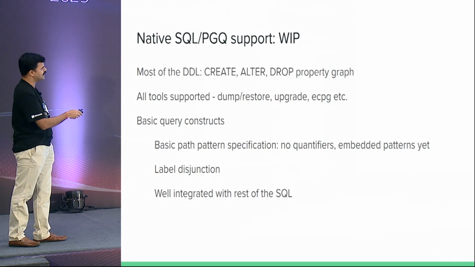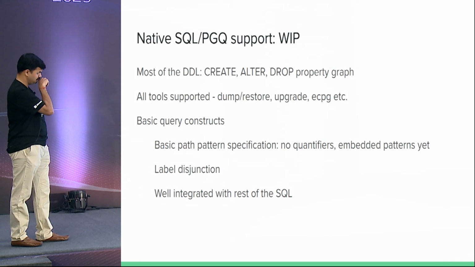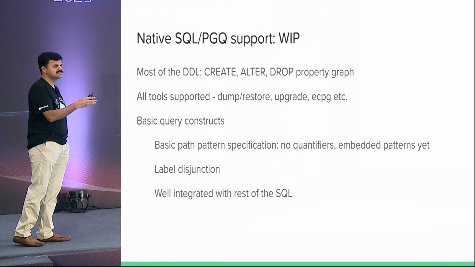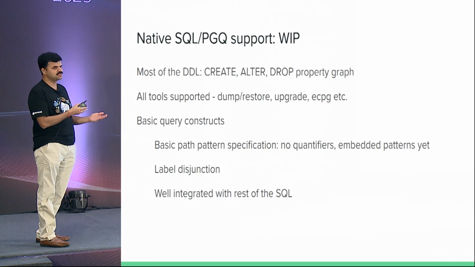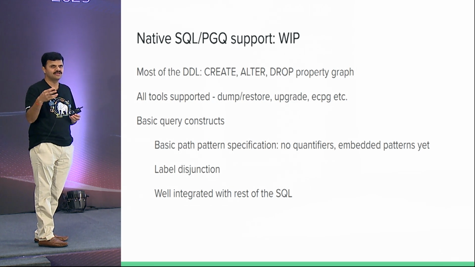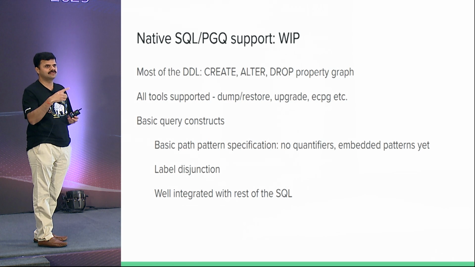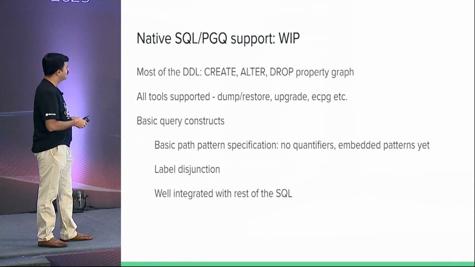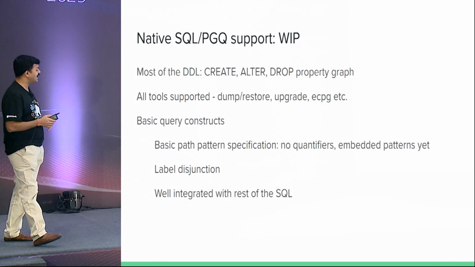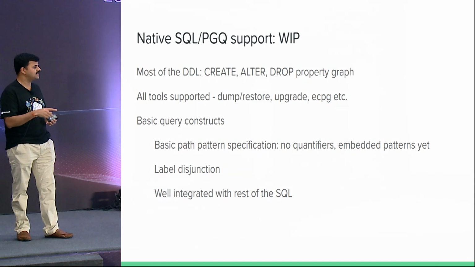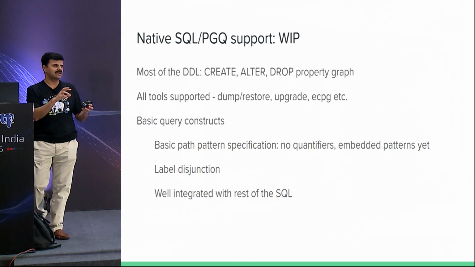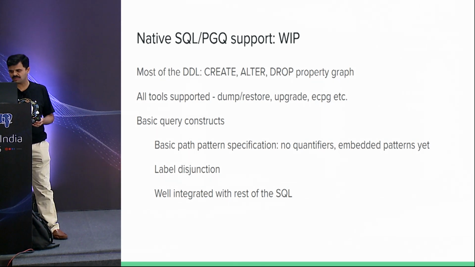Some complex things like quantifiers, embedded patterns are still not implemented. But as happens with any PostgreSQL feature, once the first drop lands, the next enhancements will follow. It supports label disjunction, and most important, it is well integrated with the rest of the SQL. You can just drop your graph pattern in the SQL query that you are writing.